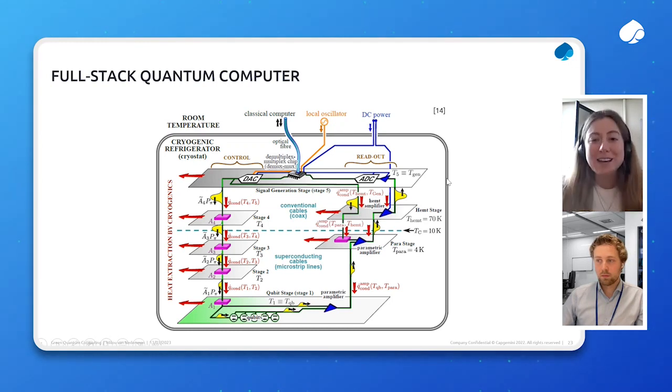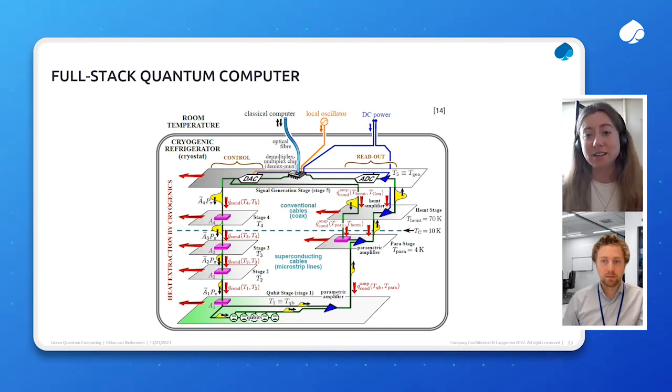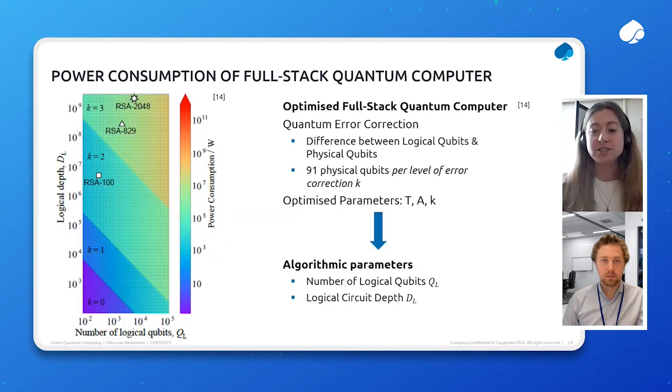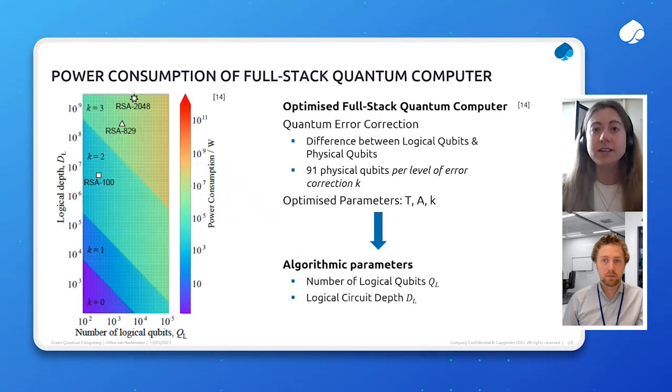This image is quite complex, and it's not important to understand everything about it, but it's good to show you how the electronics look, and that there are a lot of different parameters in this system that can actually be optimized. And that's what a recent paper does, also based on this model specifically.